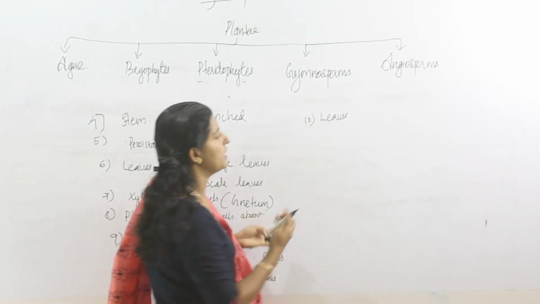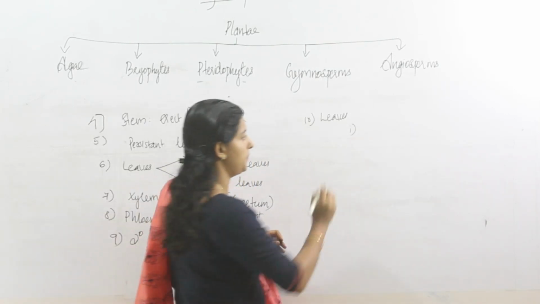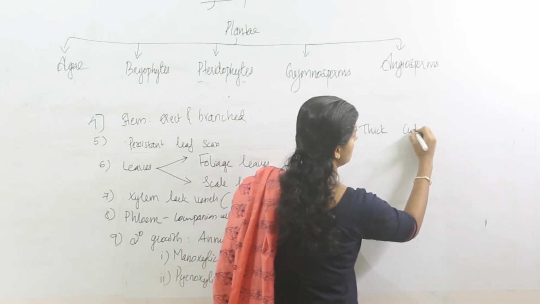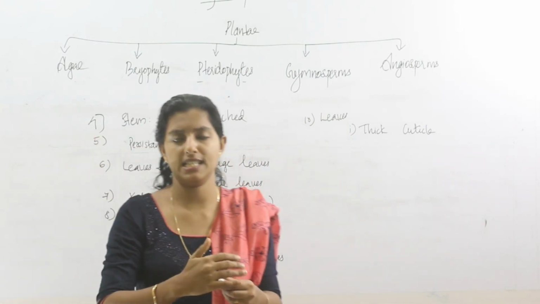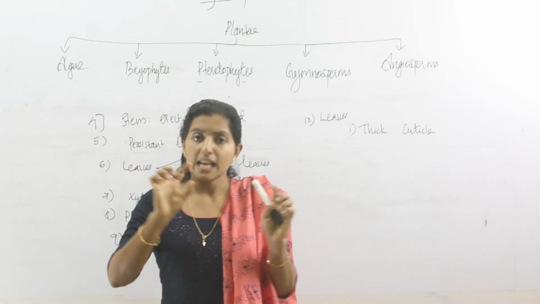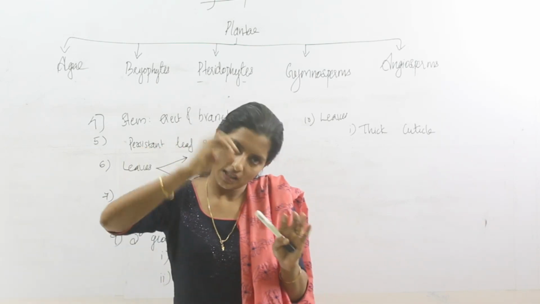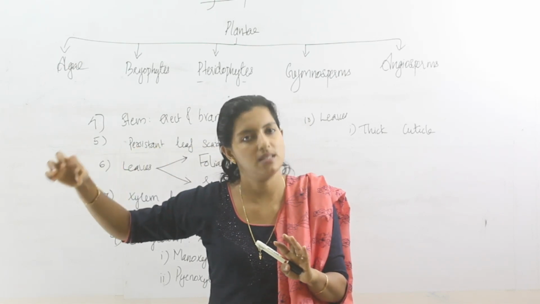The first point is presence of thick cuticle. What is cuticle? We know in the leaf anatomy, the leaf epidermis is covered by cutin deposition above it.